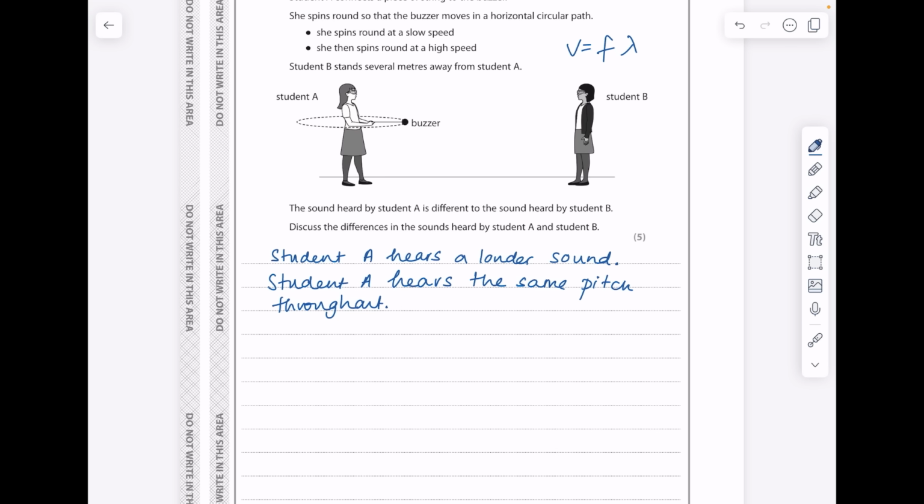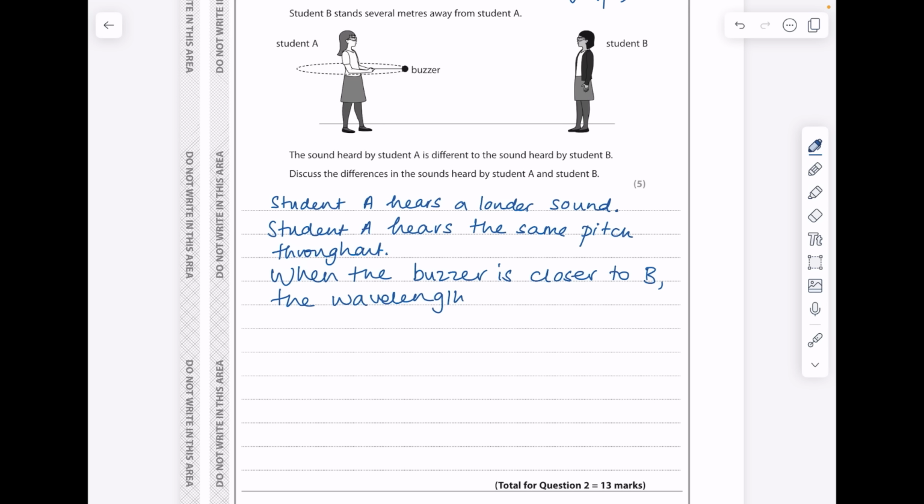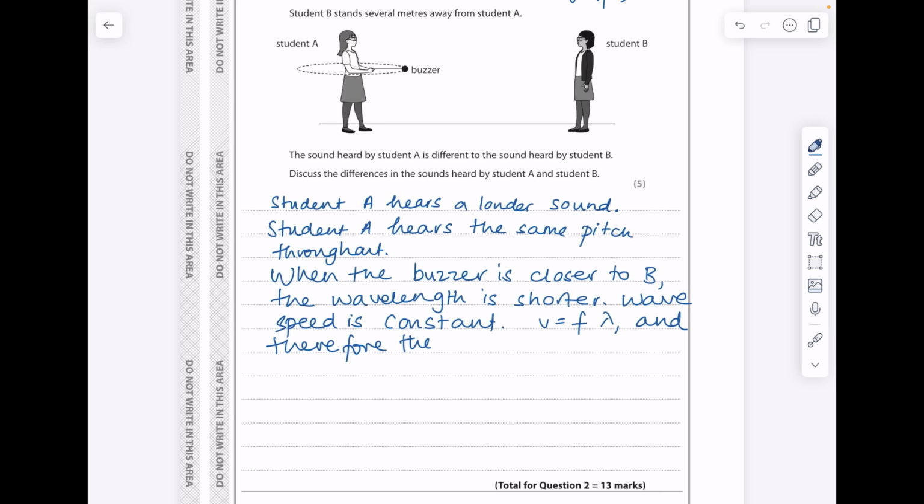And I'm going to write that right now. So we're going to say that the frequency increases, meaning the pitch increases.